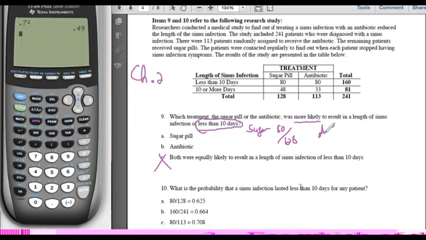For the antibiotic, you would take 80 and divide by 113. Because 128 people took the sugar pill, 113 people took the antibiotic. So 80 out of 128 compared to 80 out of 113. You want to see which one is more likely, which one is higher. If you divide these out, you will see the antibiotic was more likely to result in a sinus infection of less than 10 days.